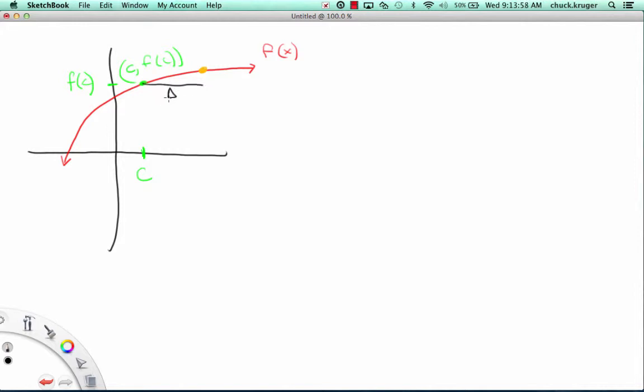I'm going to call this delta x. So this spot right here is going to be c plus delta x. So this point is going to be c plus delta x comma f of c plus delta x. And I am going to move that yellow dot in this direction.